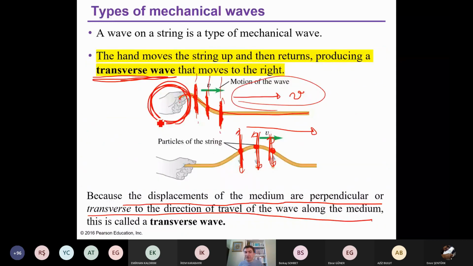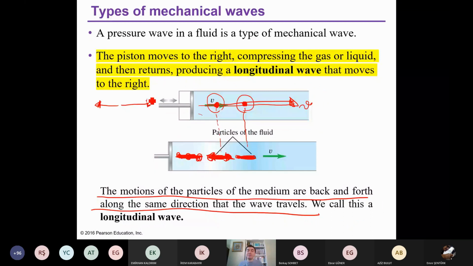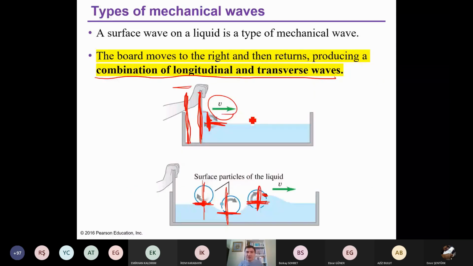Then this energy is transferred by this wave. And here you have to apply a force and put energy into the system, and this energy is transferred by the wave. And here again you apply force and you put energy into the system, and this energy is transferred, okay? So this is the last property of mechanical waves.